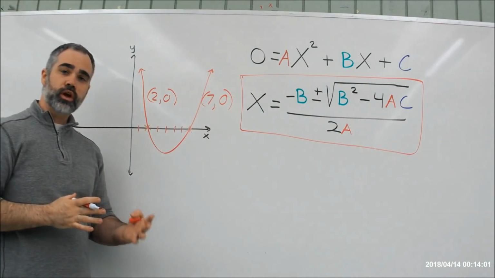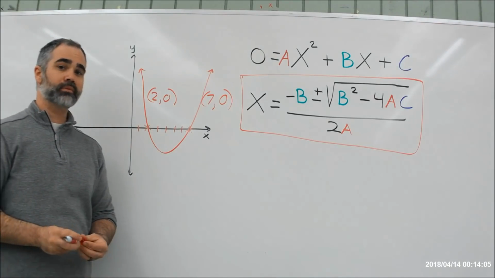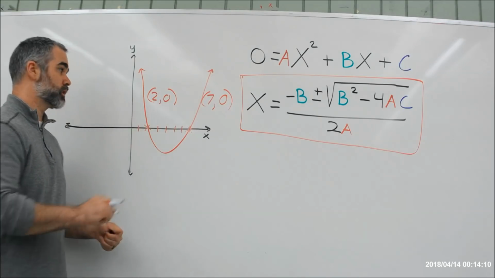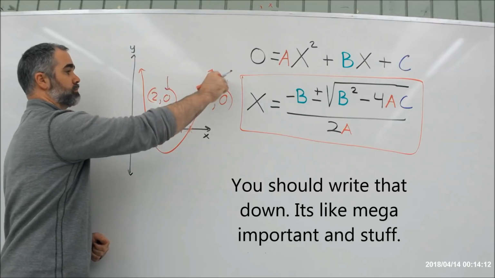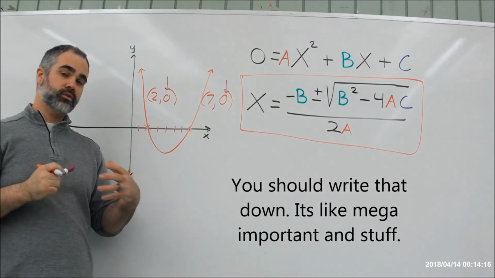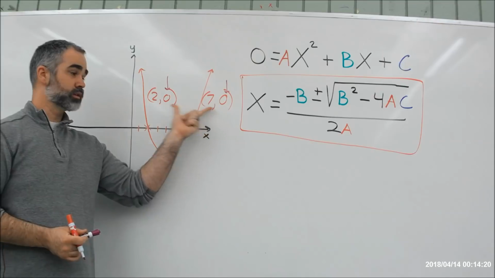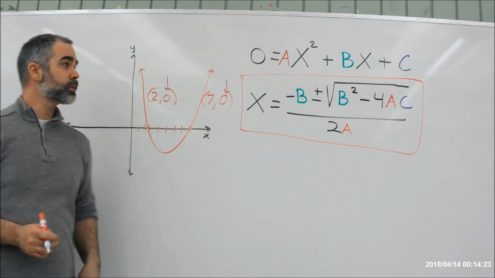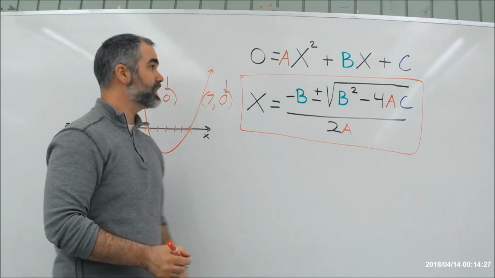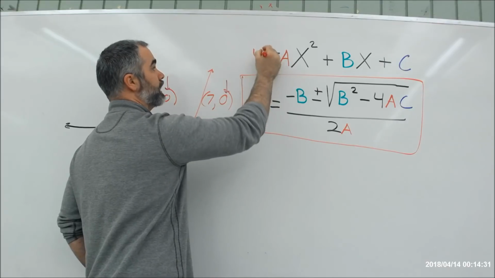And I hope what you've noticed about this, and this is true for any graph of any kind, parabola or not, is that the x-intercepts always occur when y equals 0. That's a really important idea. And so the way the quadratic formula works is it takes advantage of that feature. What you do to find the quadratic formula is you set a standard form equation, which normally is equal to y.